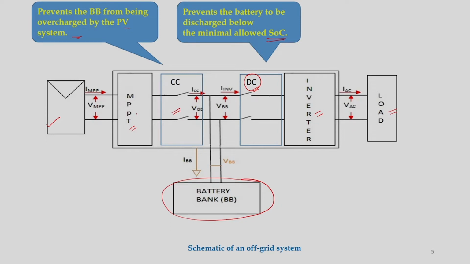Not always are these MPPTs installed in the entire system. That is why sometimes it is shown with dotted lines, or this solid line I have given, because it is presumed that the MPPT is interconnected. So, this MPPT and this source controller are attached together, and here the discharge controller and this inverter are attached together.